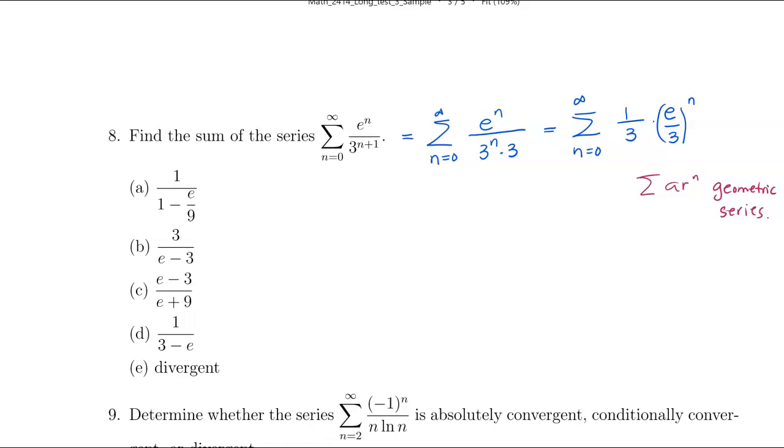So to get the sum, we have a formula. Okay, so we can get the sum of a geometric series if it is convergent. So is the series here convergent? That is a geometric series, with r equal to e over 3, and that is less than 1. And so that means it is convergent by the test for geometric series.